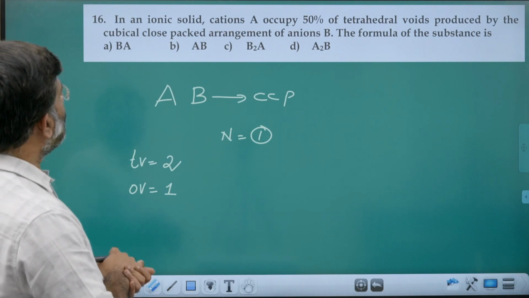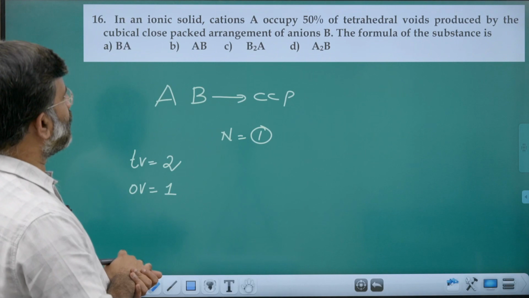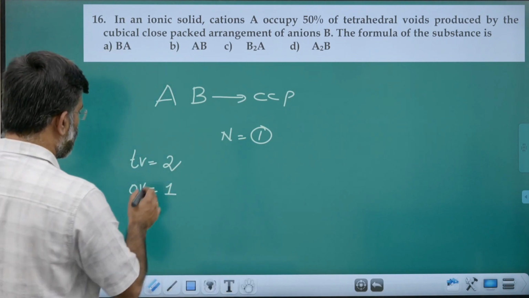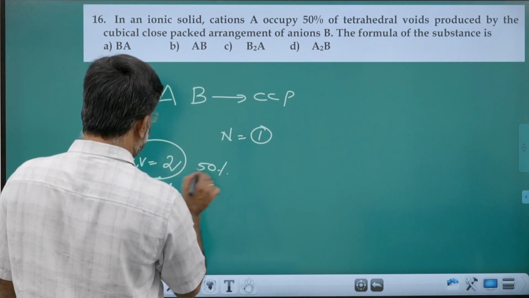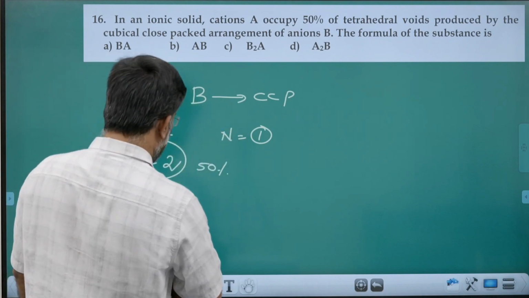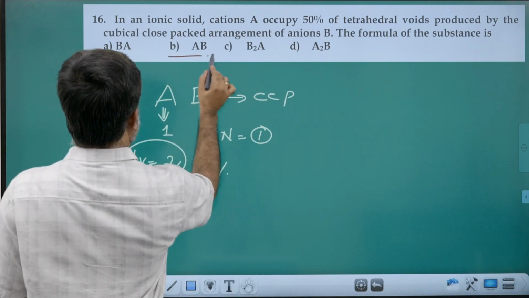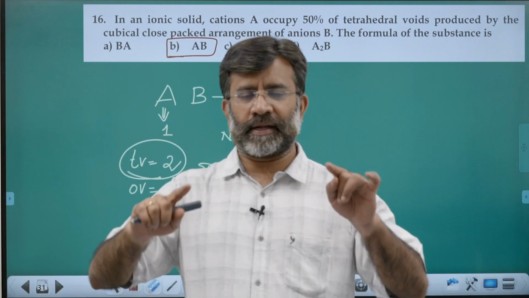And here A cation occupies 50% of tetrahedral voids. Tetrahedral voids is 2 and 50% of that means A is 1, B is 1 and the formula is AB, option B. So number of atoms of A, 1.